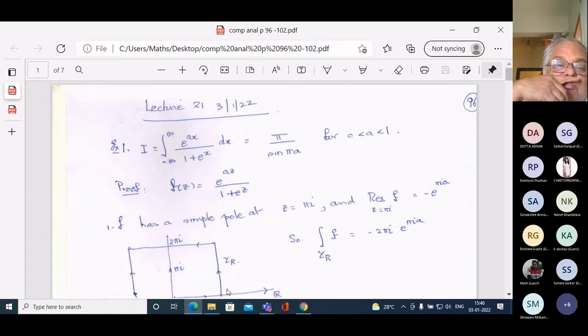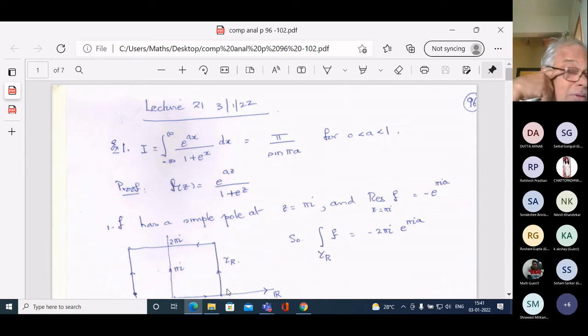If you take this contour, which encloses pi i, and is of height 2 pi, then from minus r to r there is exactly one pole of the function, and you can calculate the residue of that function at that pole.